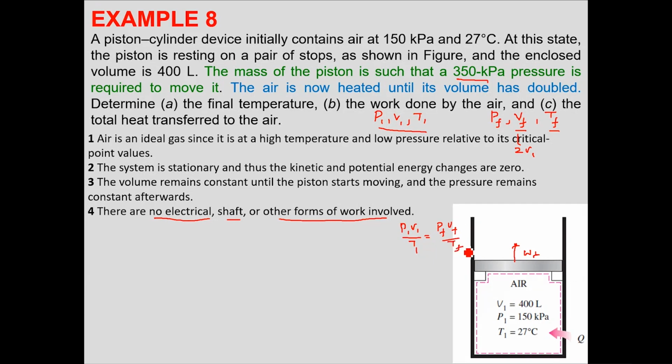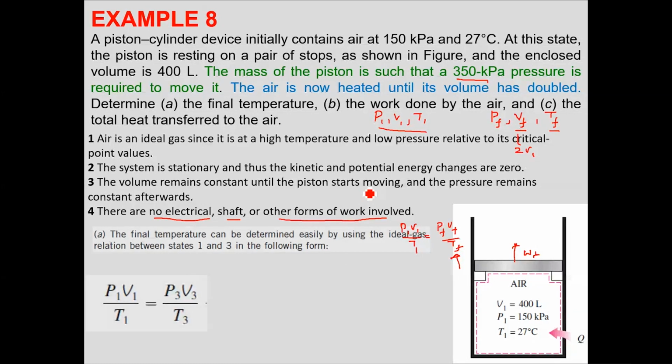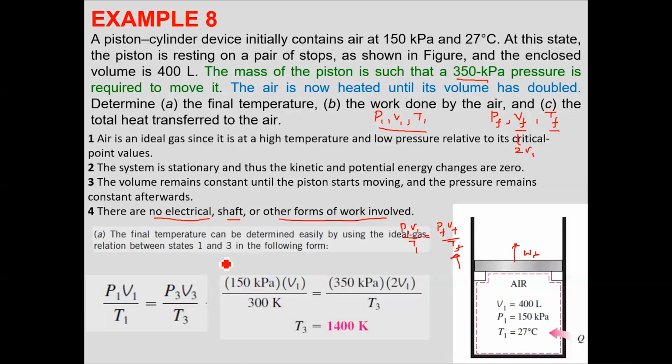This is the equation. In this equation, the only unknown is the final temperature Tf. So if you apply the equation P1 V1 over T1 is equal to P3 V3 over T3, you would essentially have these values.